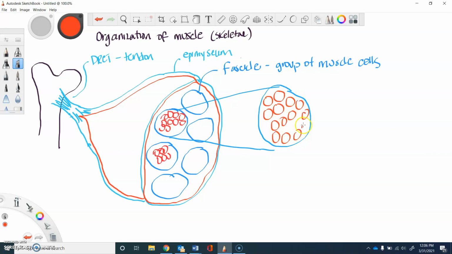The tissue that surrounds the fascicle is also dense, regular connective tissue, and that layer that holds that fascicle together is called perimysium. So that's around here.